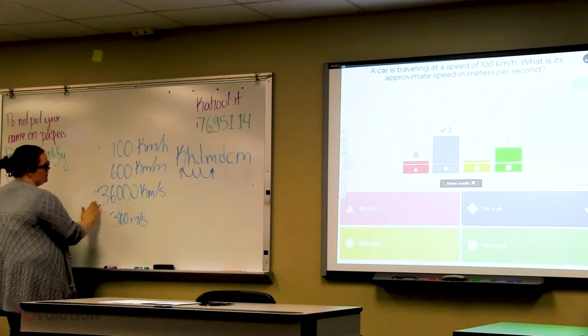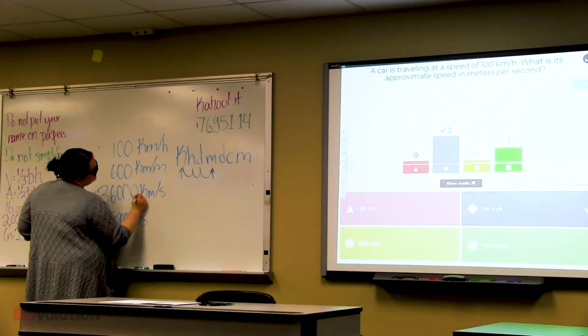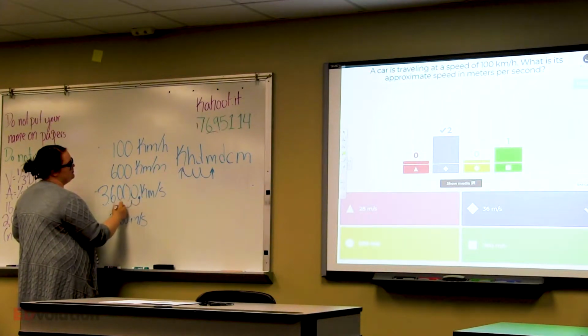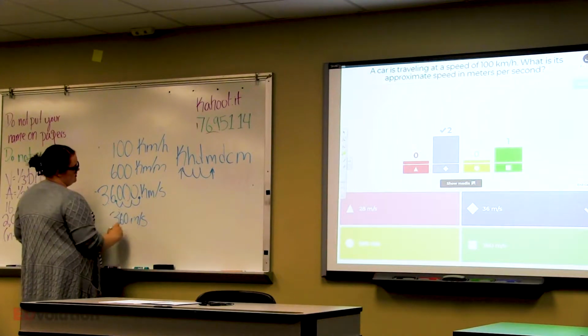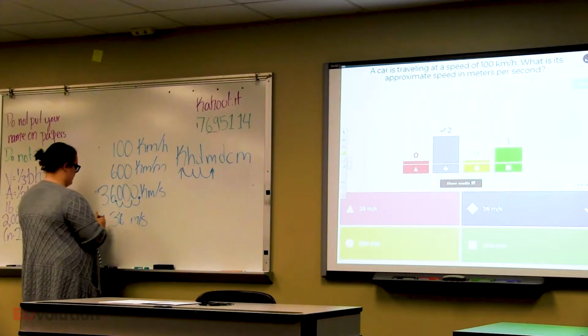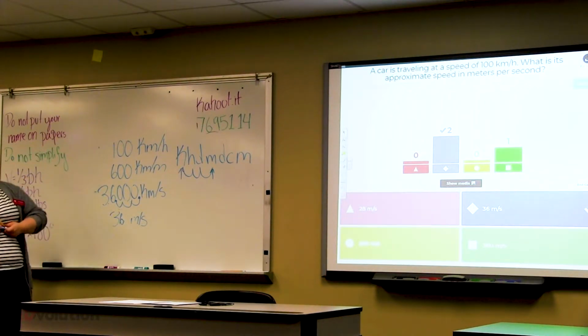Ridiculous. I took that on the wrong side. Your decimal point goes on the other side, and then you move it 1, 2, 3. That's how you're left with 36 meters per second. So that's how we got that answer.